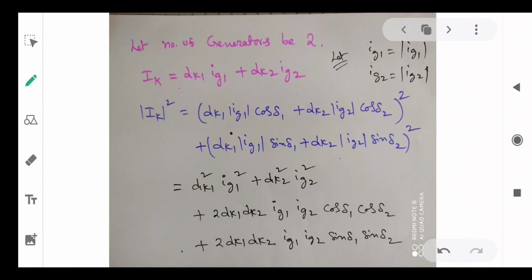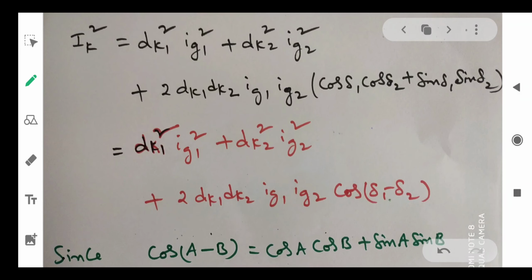From the second two terms, we can see 2 dk1 dk2 Ig1 Ig2 are common, times cos delta 1 cos delta 2 plus sin delta 1 sin delta 2, taken common within the brackets.